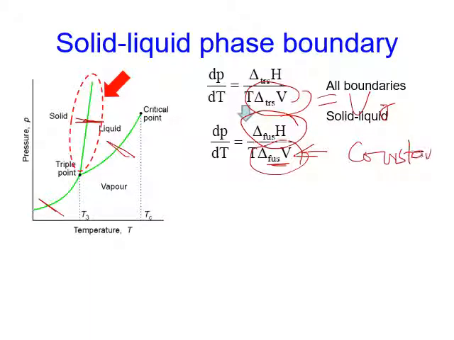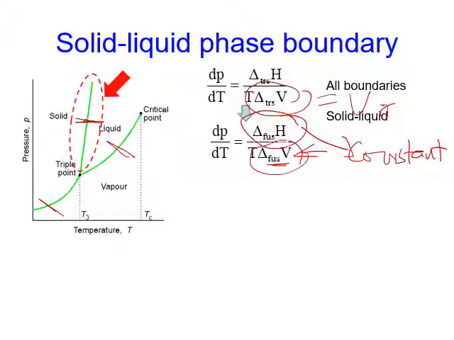The reason is both solid and liquid have constant volume that does not change when you change temperature or pressure. So delta V is constant, delta H is also constant, and this makes integration much simpler.